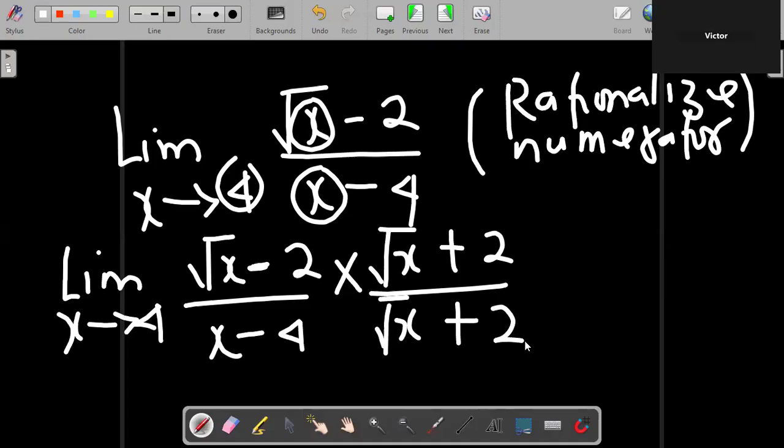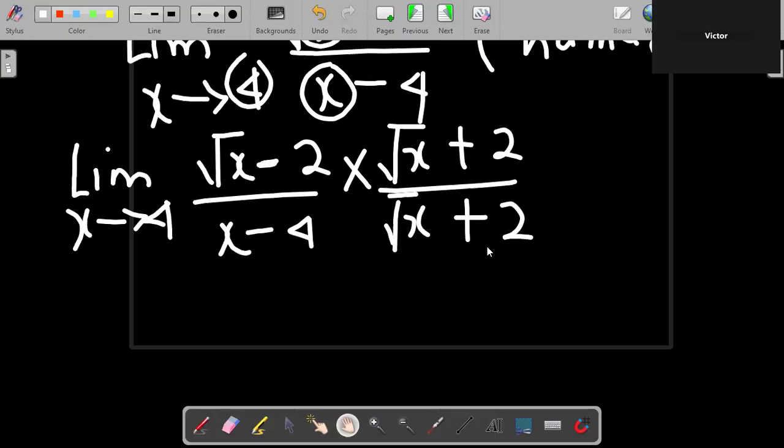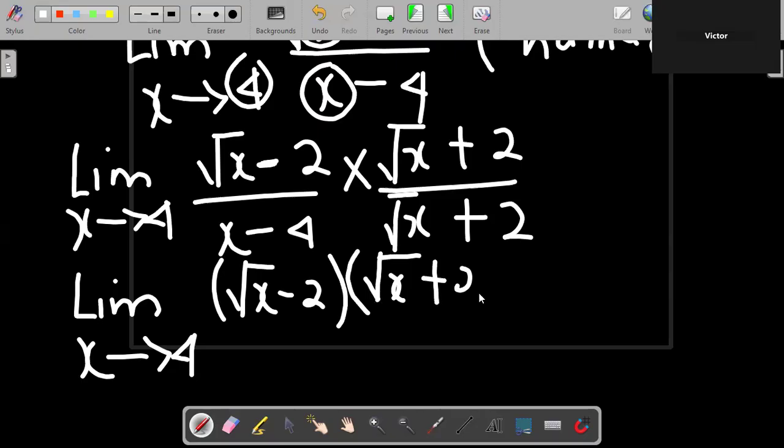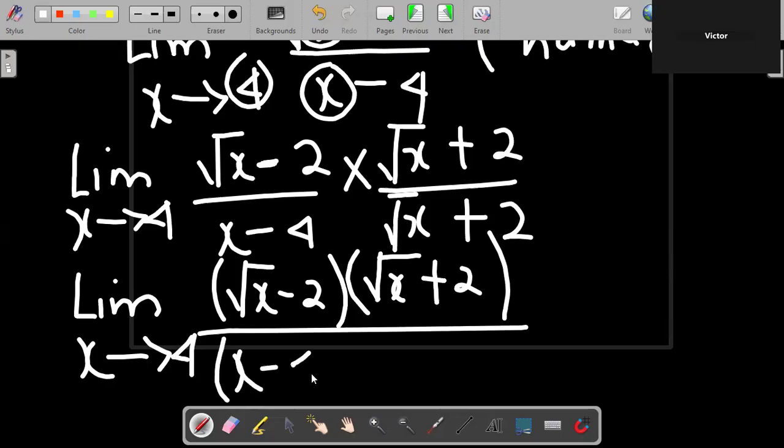You use that conjugate to multiply both the numerator and the denominator. So I'll bracket the numerator, I also bracket the denominator. So I'm having lim x tends to 4 of (square root of x minus 2)(square root of x plus 2) over (x minus 4)(square root of x plus 2). You see that?